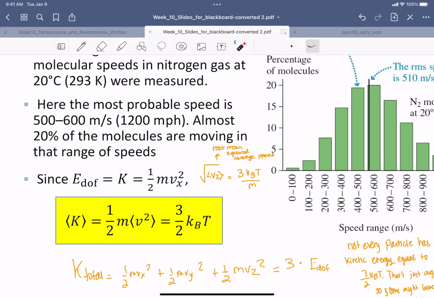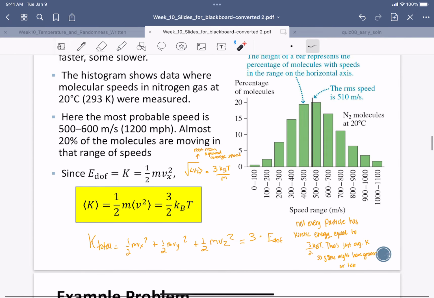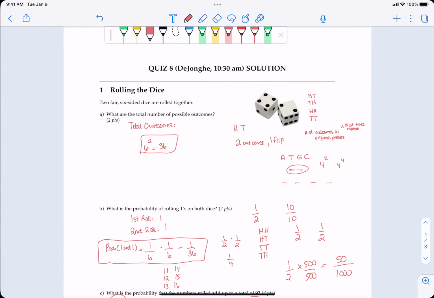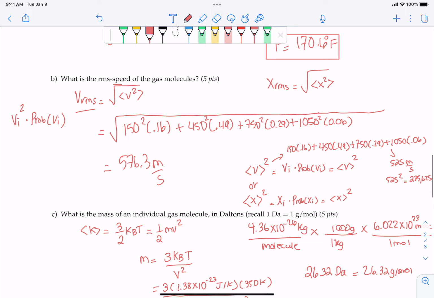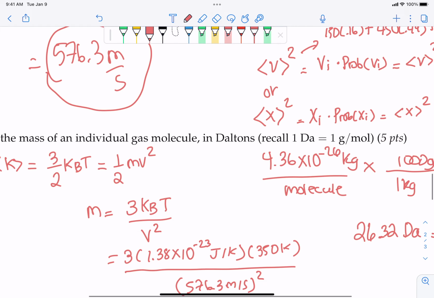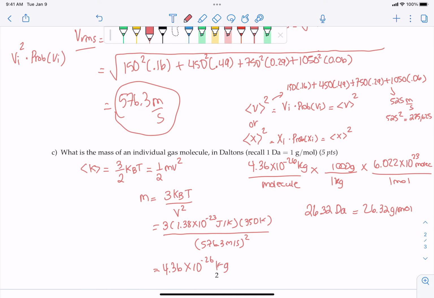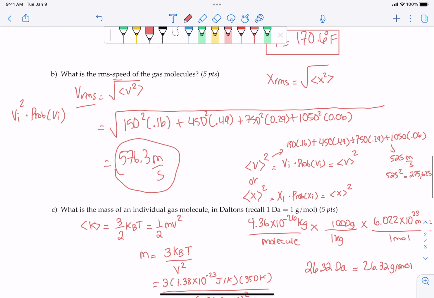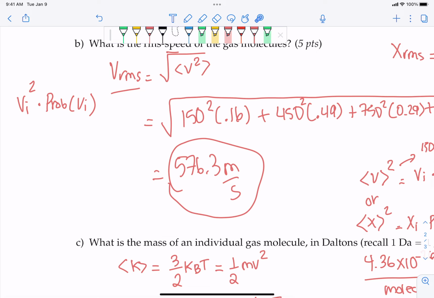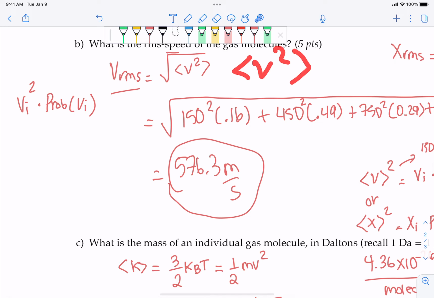We should be plugging in right here our RMS speed. If we go back to the quiz here, remember we got our RMS speed and plugged it in to v here and squared that. The reason is, we have VRMS as the square root of this. So how do we get v squared alone?